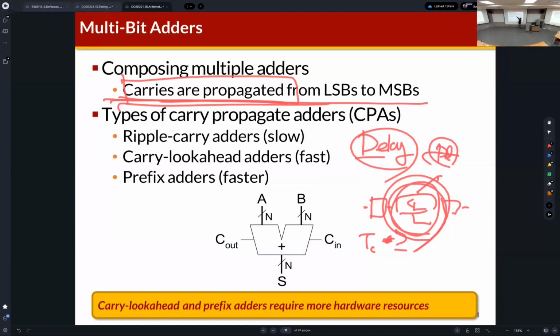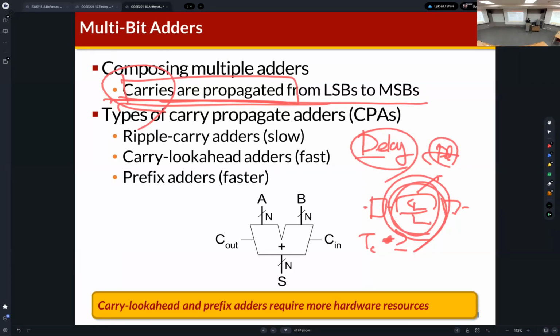So you can also find that there are three types of adder here: the ripple carry adder, slow; the carry lookahead adder, fast; and the prefix adder, faster. In order to reduce the propagation delay of the carry, researchers proposed different types of adder.